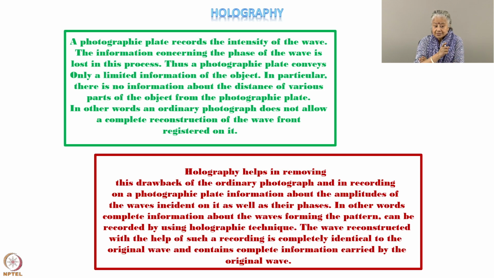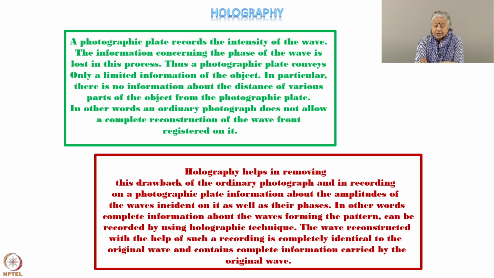That is why you do not get the perception of the depth, because some information is missing. In particular, there is no information about the distance of various parts of the object from the photographic plate. In other words, an ordinary photograph does not allow a complete reconstruction of the wavefront registered on it.